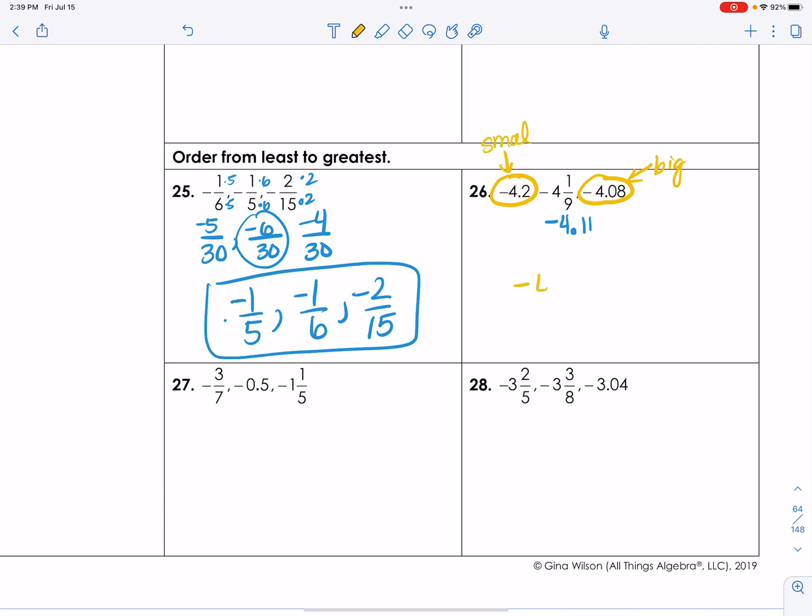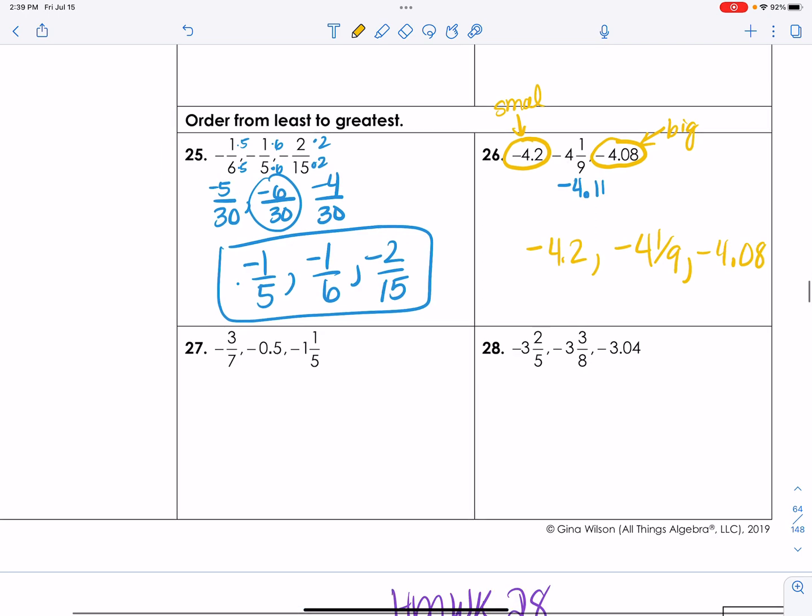So I'd have a -4.2. That's the smallest. And a -4 1/9. Okay. And then the last one is -4.08.